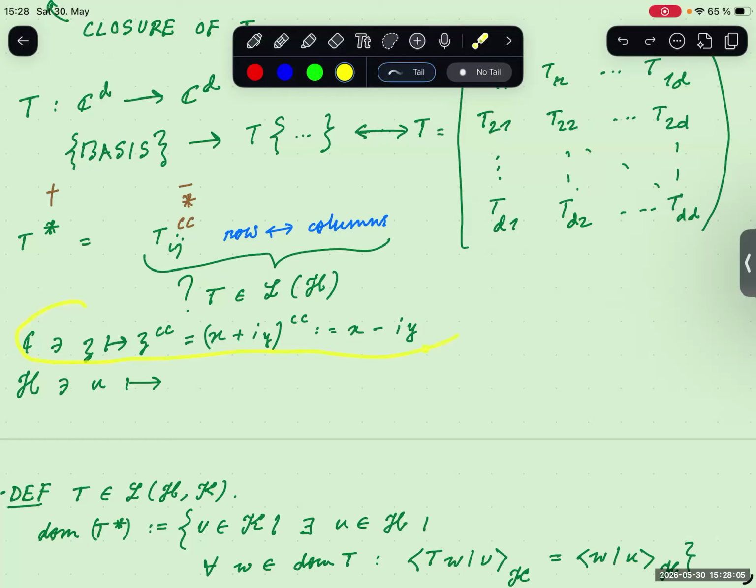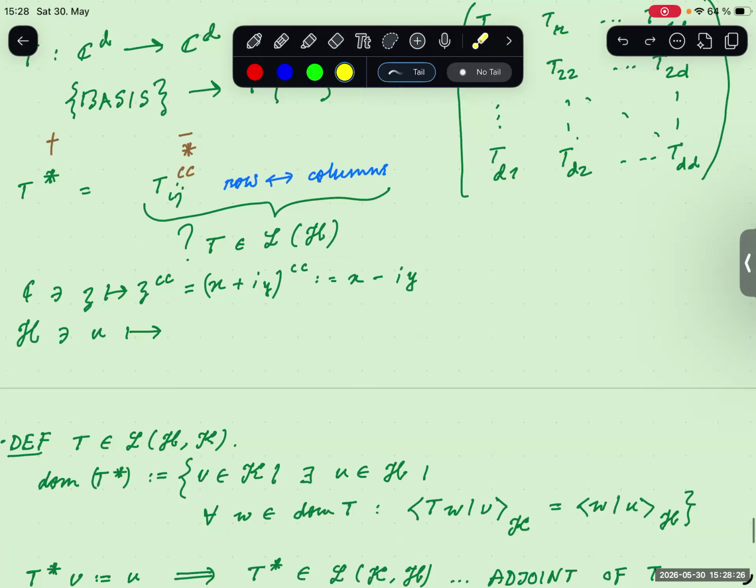So we want to imitate this for an element of Hilbert space. Dual space. Okay, good. So let's try. Is dual space going to do this work? Okay.